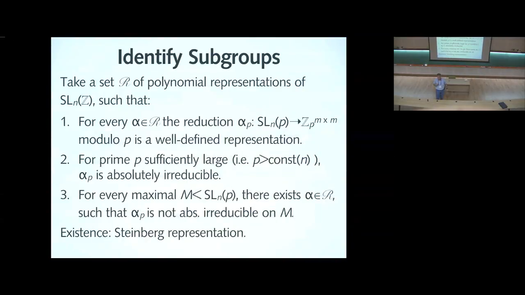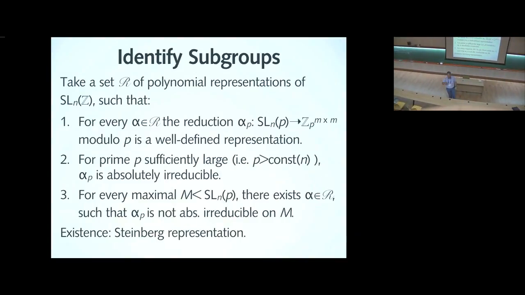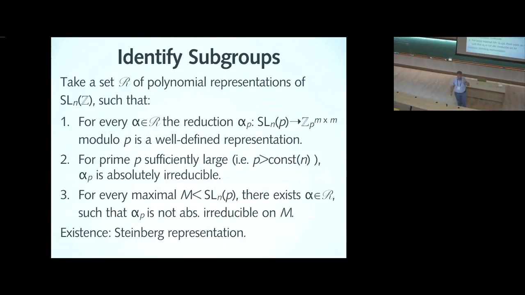So, if I look at the lattice spanned by the matrices and find the primes modulo which this lattice does not have full rank, then I know modulo all other primes, this representation, and it's also the representation then of the image, is absolutely irreducible. Okay. That is still in dimension n.